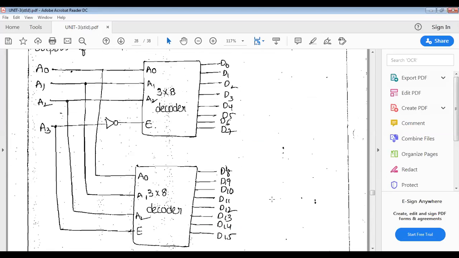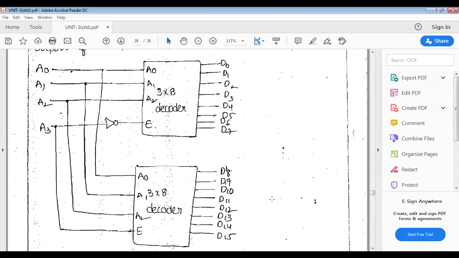Let us see the block diagram. I have taken two 3 to 8 decoders. The inputs of the upper decoder are A0, A1 and A2, and the lower 3 to 8 decoder also has A0, A1 and A2. These are all connected as single lines. The outputs are D0 to D7 from the upper decoder, and the lower decoder also has 8 outputs, named D8 to D15.